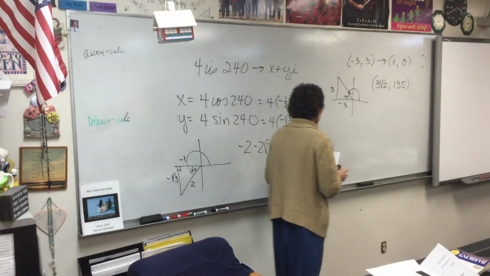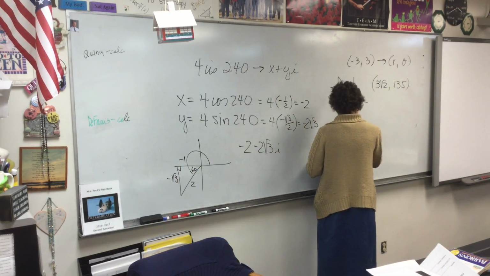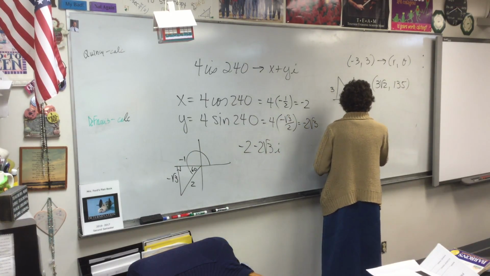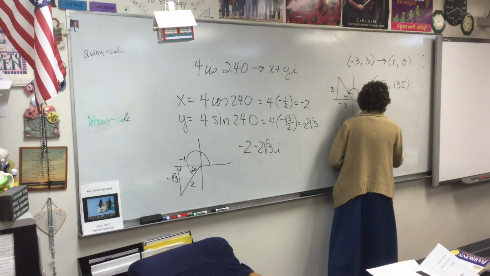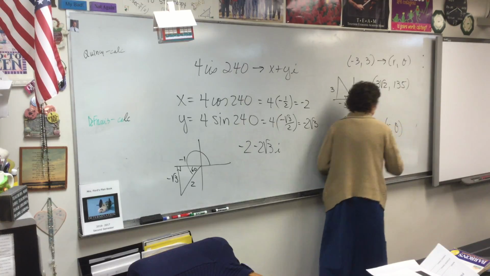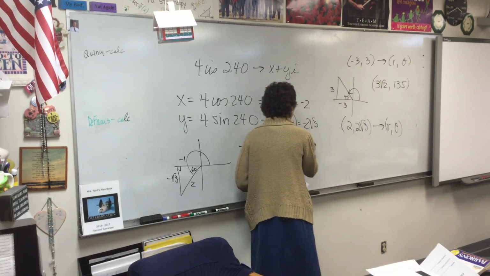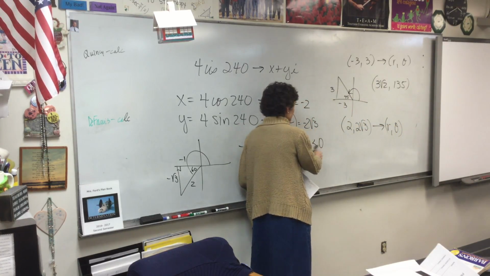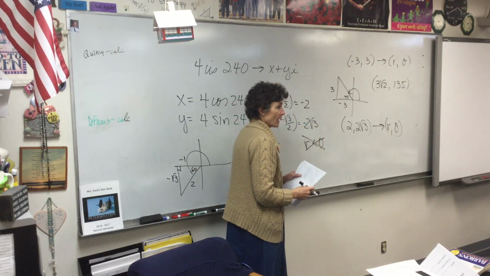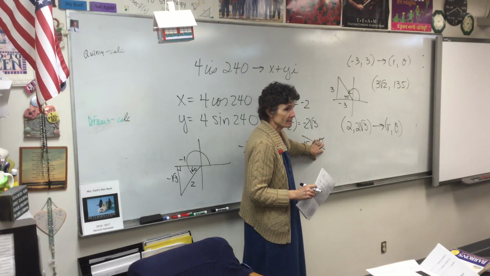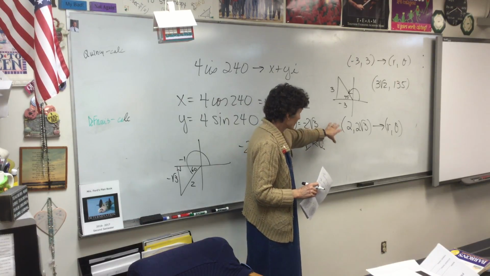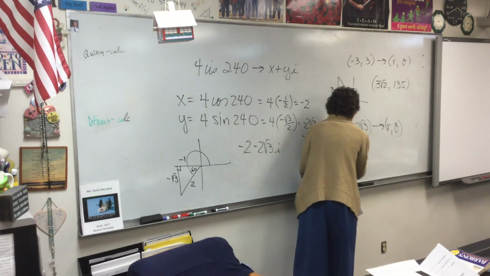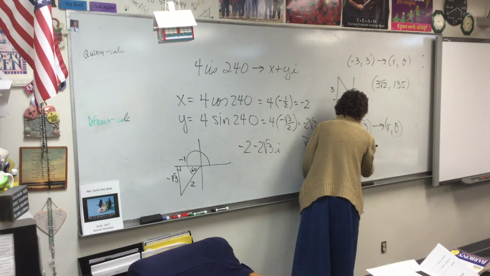Alright, so now I'm going to do exactly the same problem, but with this point. I'm going to do exactly the same thing. I'm not going to let this bother me, I'm going to do the problem and then I'll deal with it. Okay, so here we go. 2 root 3.